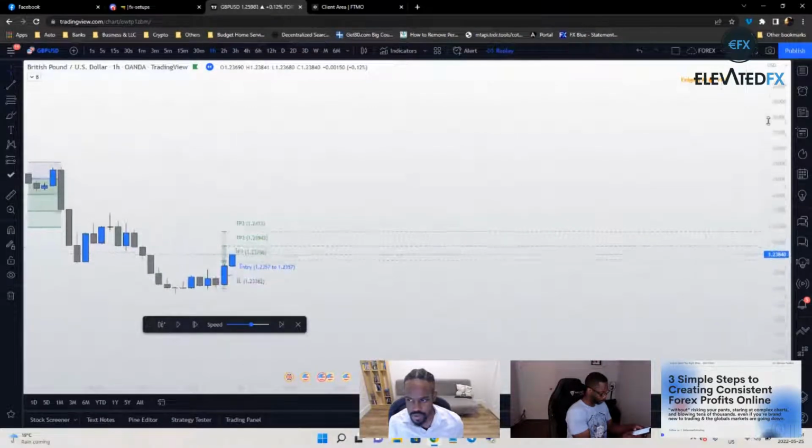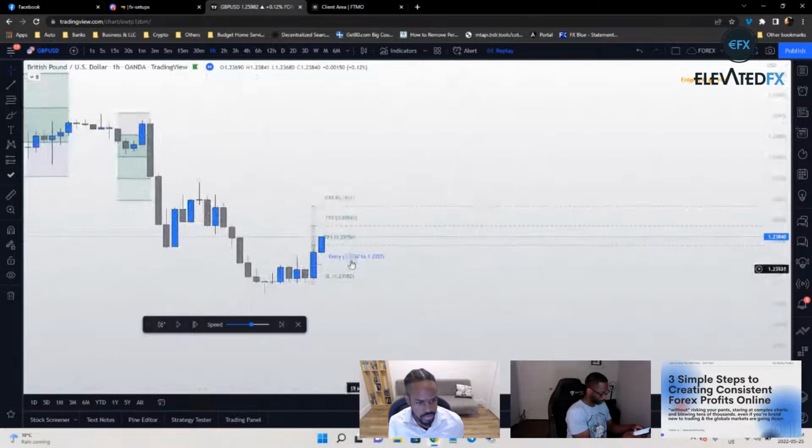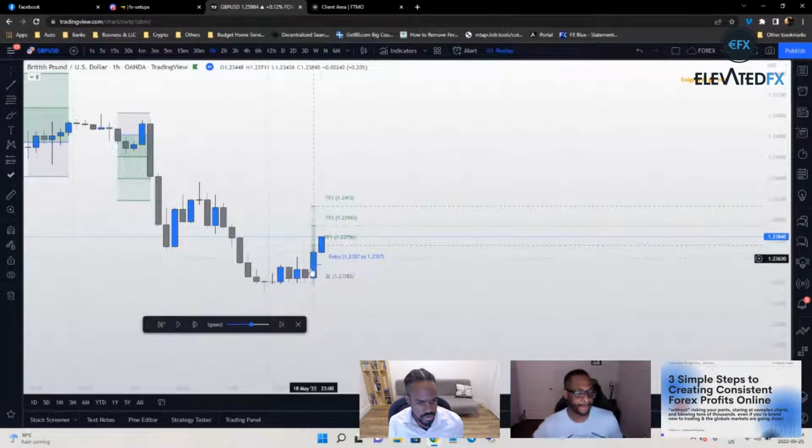Perfect. Okay, so how it works. So basically you have this candle, this is the candle that generates the alert. Okay, so you're gonna receive the alert an hour after. Okay, so this is the actual trigger candle that gives you the alert here.